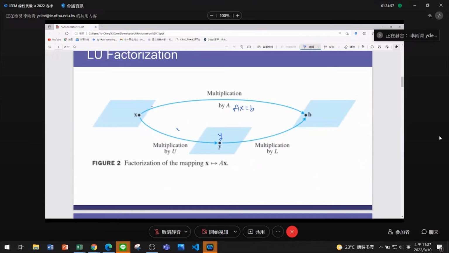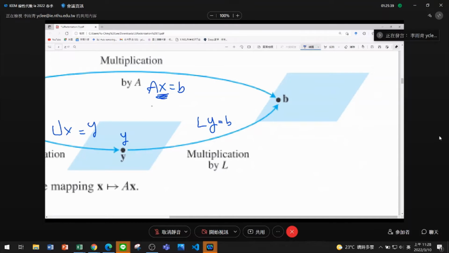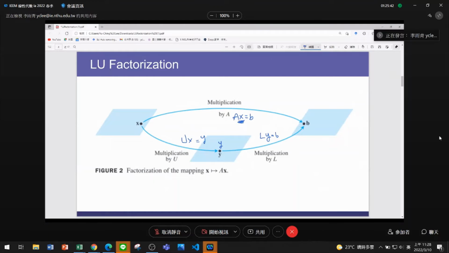So we left multiply y by L equals b, and then left multiply x by U equals y. That gives us the same result as Ax equals b, the same x obtained right here.